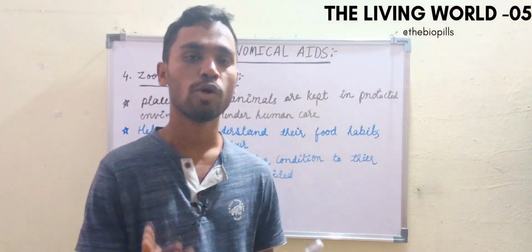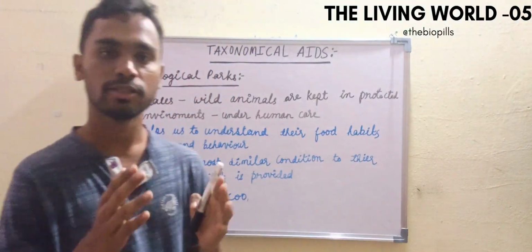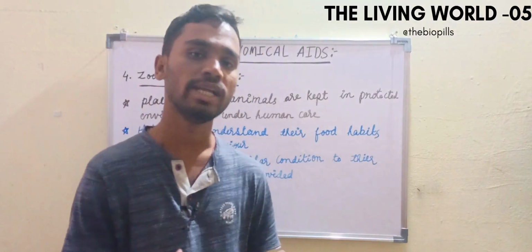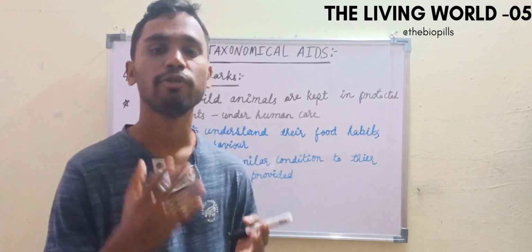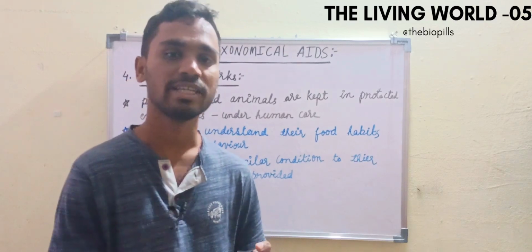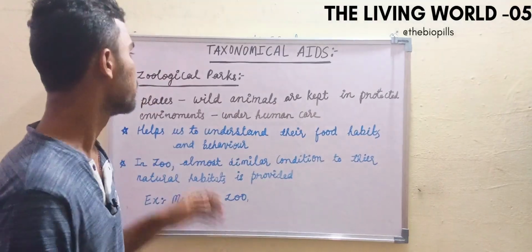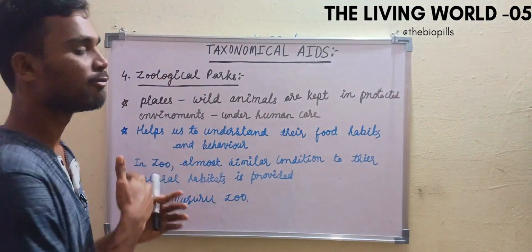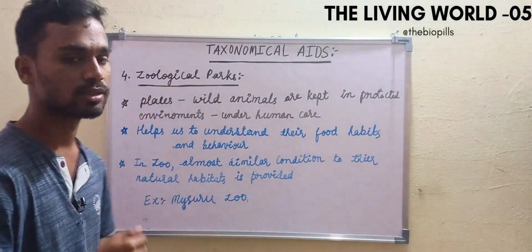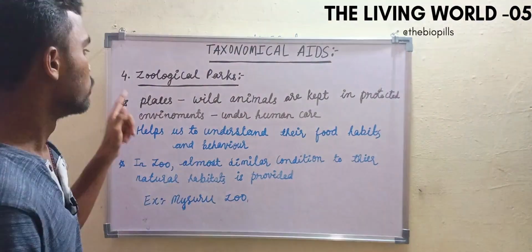We have so many zoos. In zoos we can see wild animals protected and, with human care, nourished and nurtured. This is the simple explanation of zoological parks, a simple topic with which most of us are familiar. So this is the taxonomical aid, zoological parks.